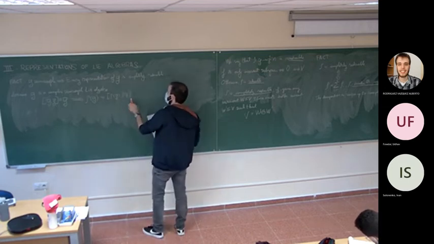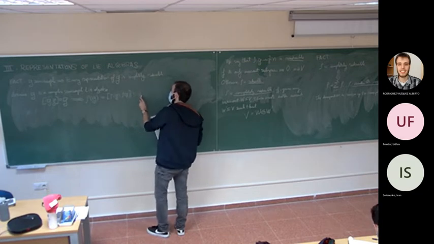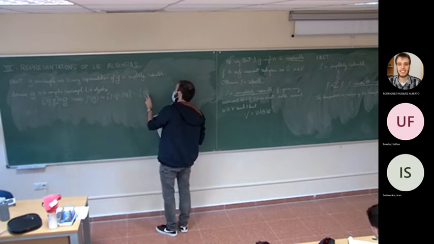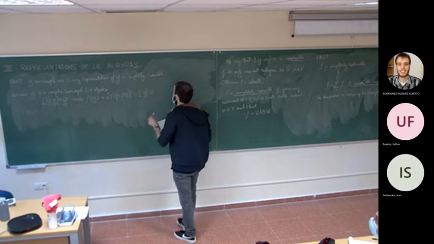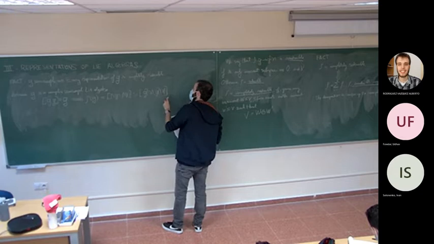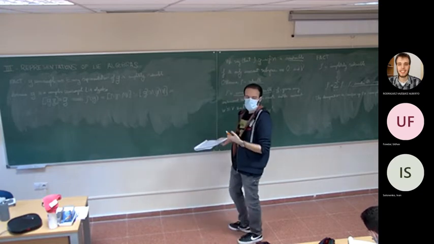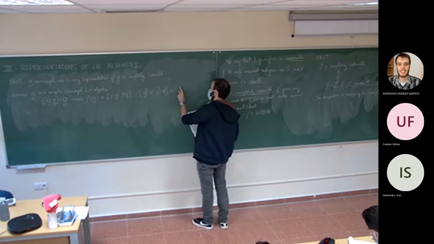Okay, but this image is contained in the bracket of the Lie algebra of all endomorphisms, which we already saw is the set of all linear endomorphisms that have trace 0.